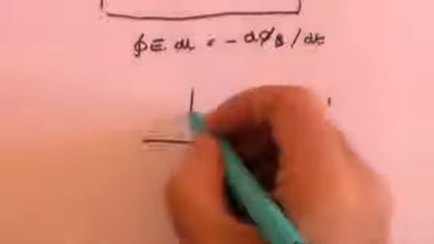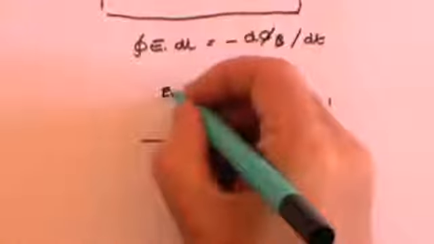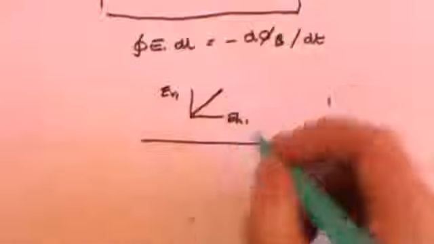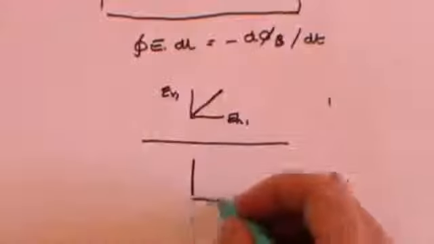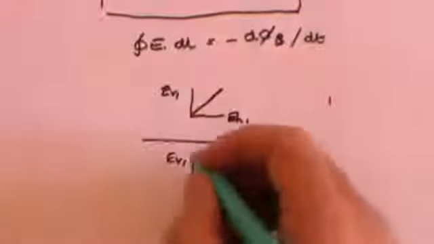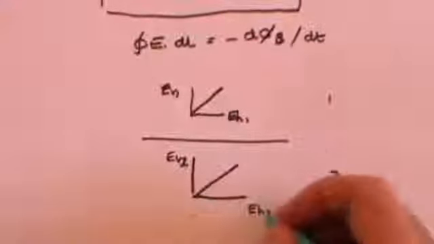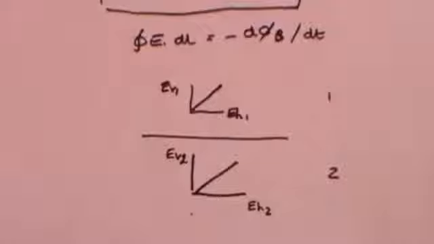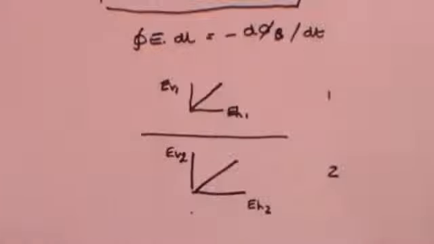And now I'm going to draw my same diagram again. Here's my surface between media 1 and 2. Here is my E field in media 1 with its component parts EV1, EH1. Here it is in medium 2 with EV2 and EH2, the constituent parts of the electric field in the two media.